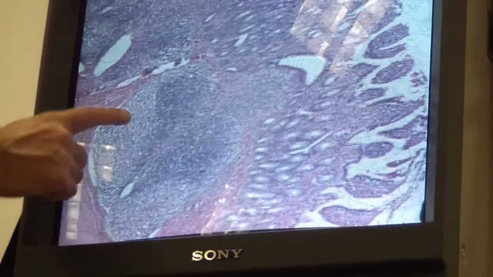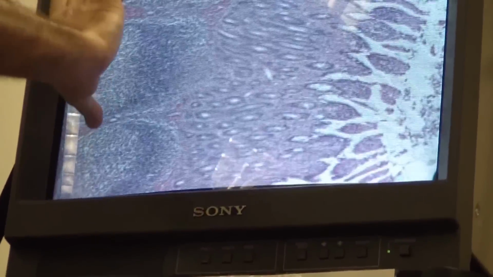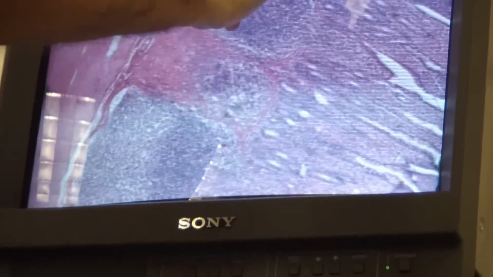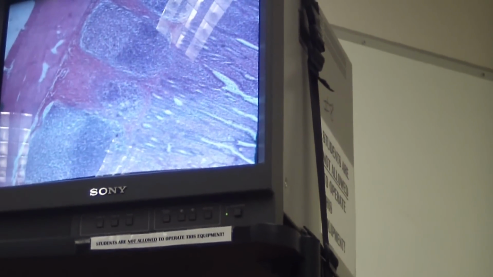Can you all see the Peyer's patches right here? See all these lymphatic nodules? That for sure is the ileum, because in the submucosa I can see these Peyer's patches. So that's the ileum.